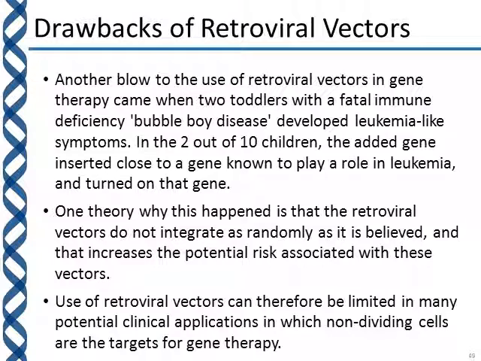One theory on why this occurred is that the retroviral vectors do not integrate as randomly as it is believed, and that increases the potential risk associated with these vectors. The use of retroviral vectors can therefore be limited in many potential clinical applications in which non-dividing cells are the targets for gene therapy.